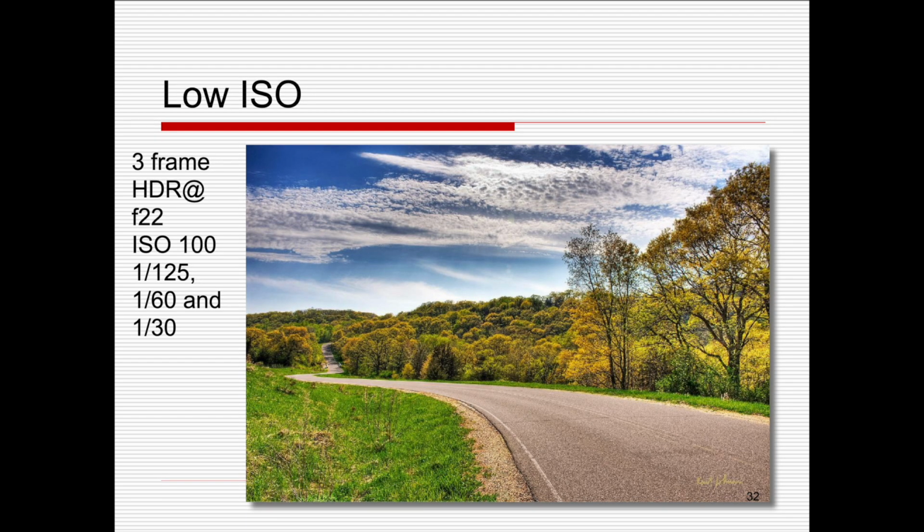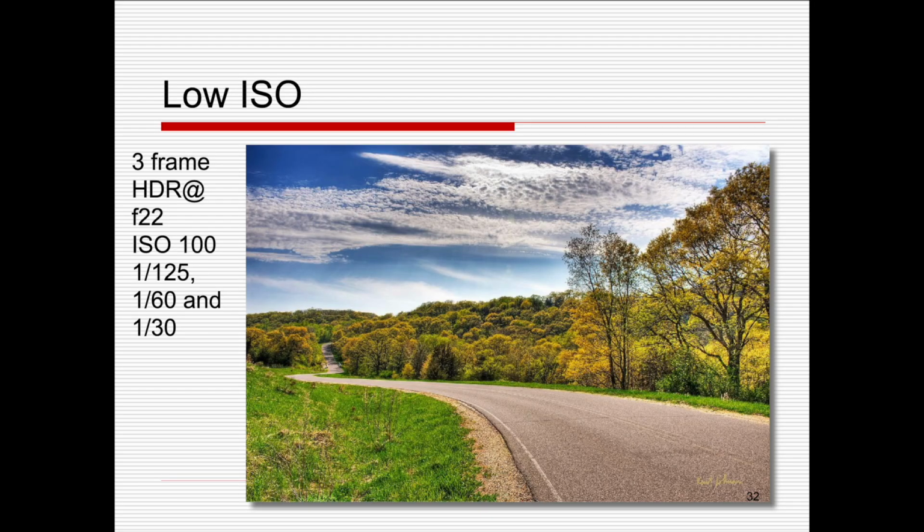Okay, I'm back. So in this shot, we're seeing a low ISO image. I made this shot at ISO 100 and my aperture was at f/22. This is an HDR shot. HDR is short for high dynamic range.